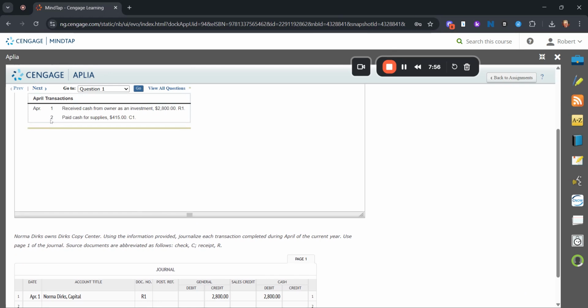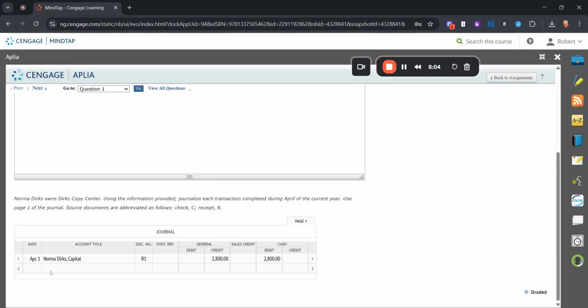Okay, so now we have April 2nd, paid cash for supplies, $415, check 1. We already have April on there, so we only need to put the day. So that's a 2.